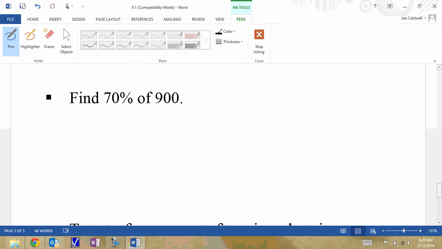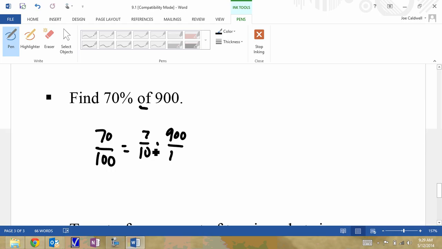So same thing here, 70% of 900. Again, of means multiplication. So we would turn 70% into 70 over 100, which really equals 7/10 times 900 over 1.